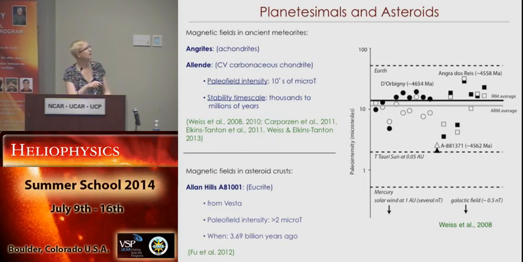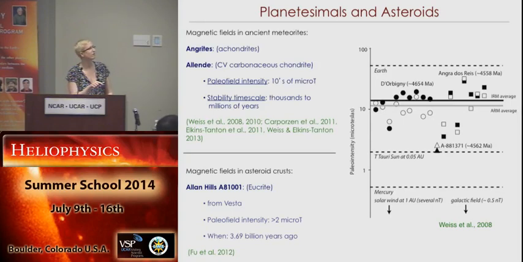Okay? Now, another piece of evidence comes from meteorites that we believe to be from Vesta. Vesta is one of the big asteroids in the asteroid belt. It's not the biggest one, but there is a series of meteorites known as the HED meteorites.